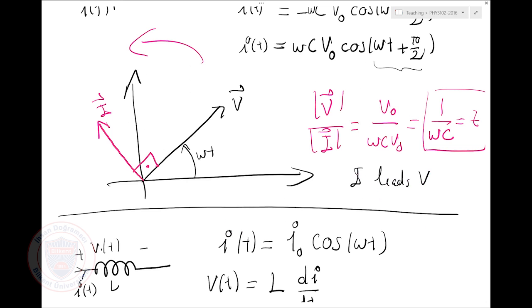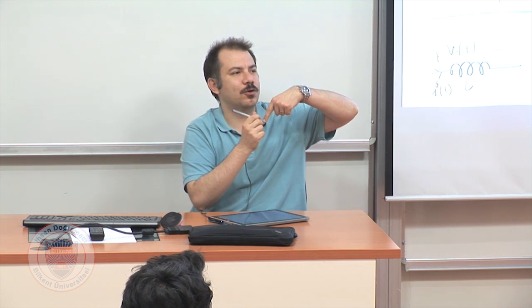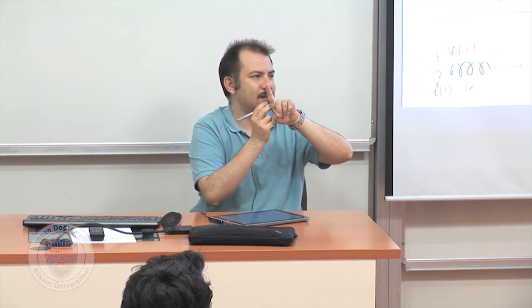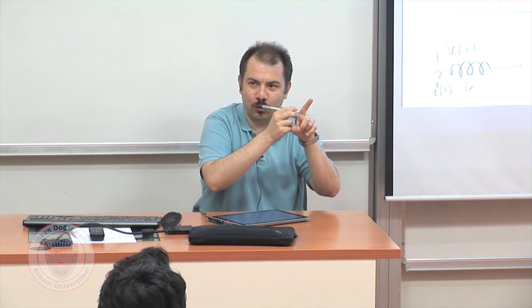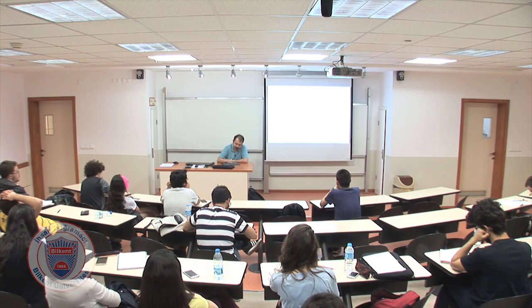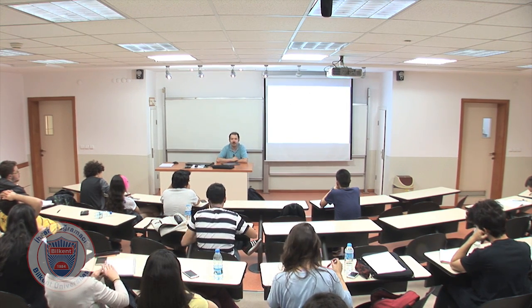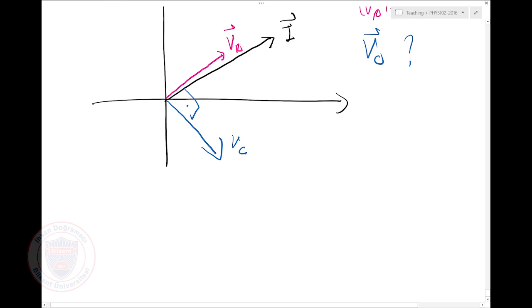First of all, which direction was the voltage across a capacitor? The voltage across a capacitor is lagging behind the current. So the current is 90 degrees in front of my voltage. So which direction do I have the voltage of the capacitor? It will be like this. So this is going to be the voltage of the capacitor.